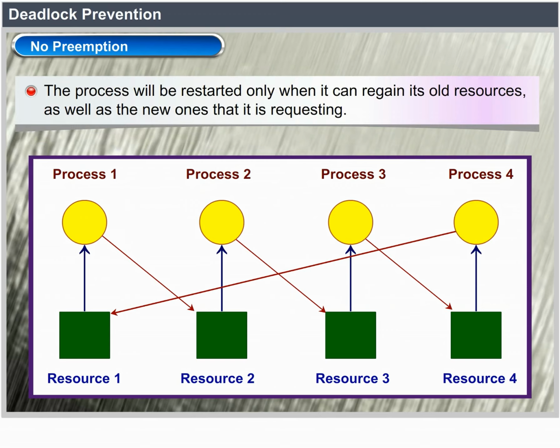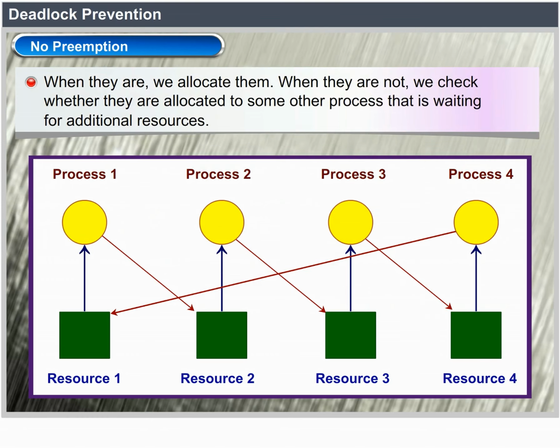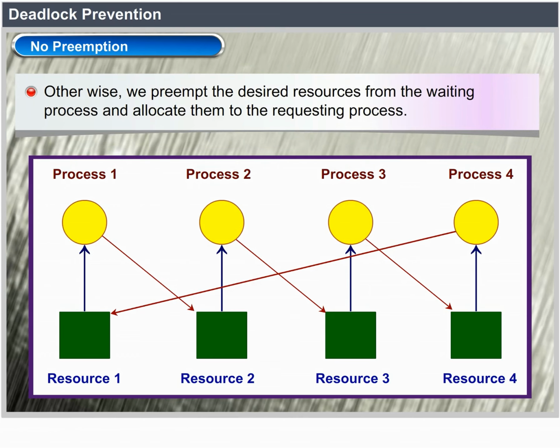it is requesting. Alternatively, if a process requests some resources, we first check whether they are available. If they are, we allocate them. If they are not, we check whether they are allocated to some other process that is waiting for additional resources. If so, we preempt the desired resources from the waiting process and allocate them to the requesting process.